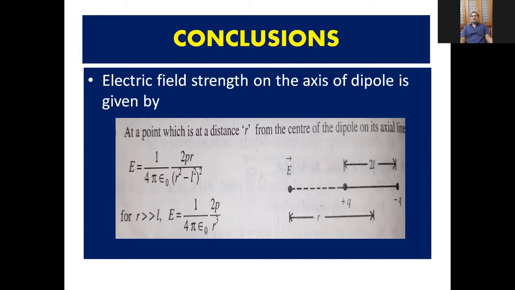Next, electric field strength on the dipole axis: we derived the formula E axial equals 1 by 4 pi epsilon naught 2 P by r cube for a short dipole. The general formula is 1 by 4 pi epsilon naught 2 P r by (r square minus l square) whole square. Here you should remember that E axial bar is parallel to the dipole moment vector direction.